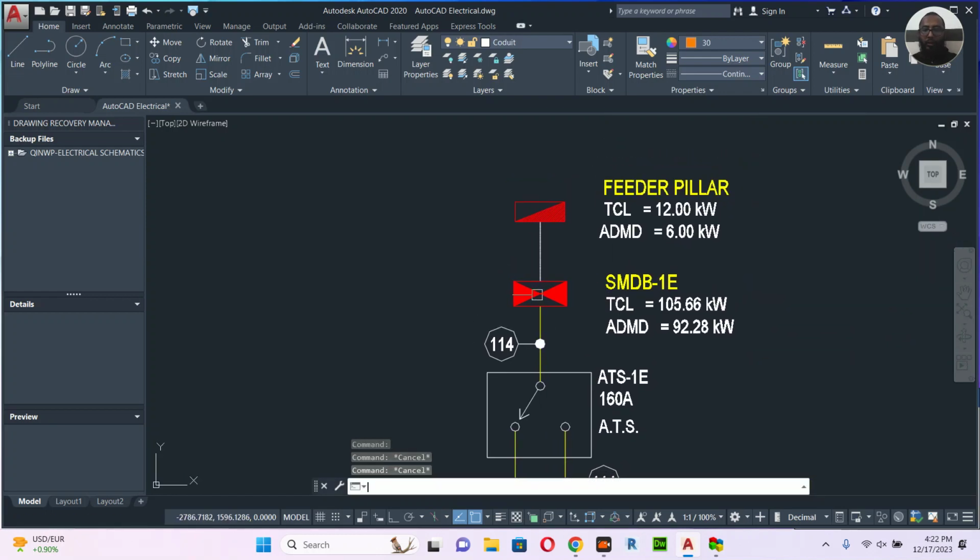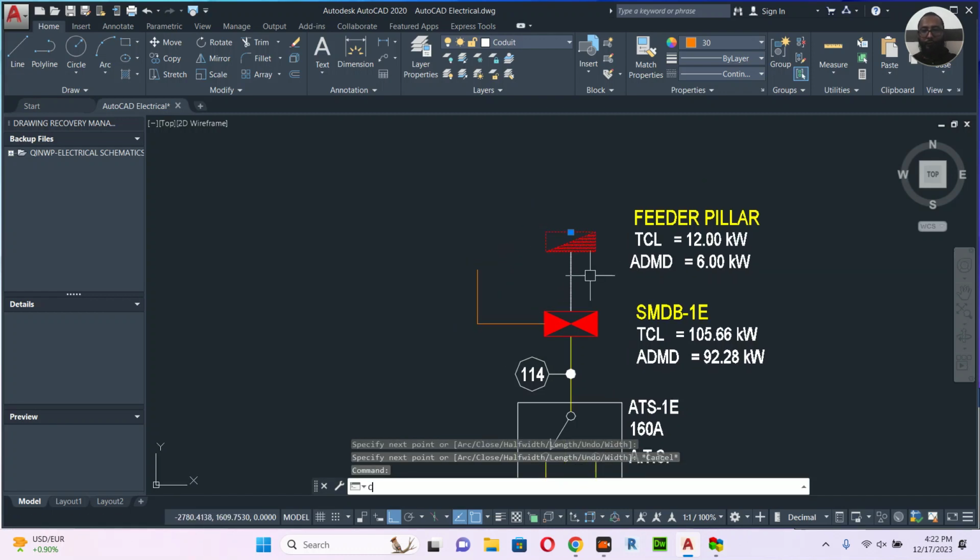So I need another panel here. For what? Let's put it here. This one I call DBHV.